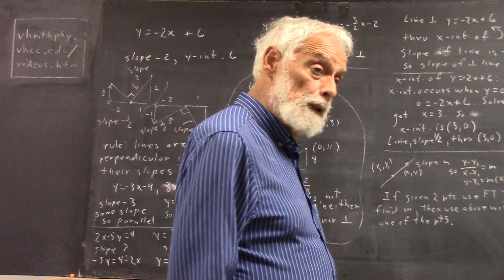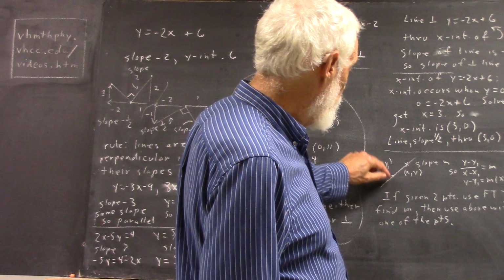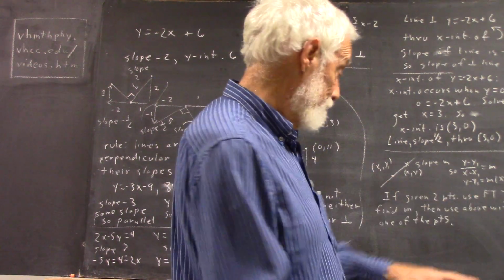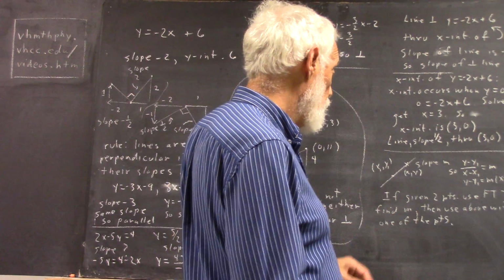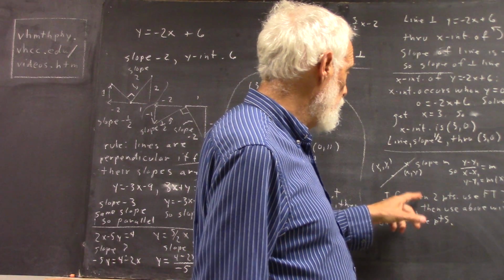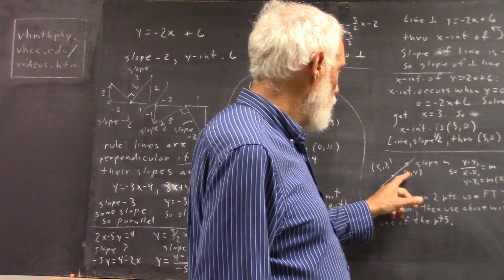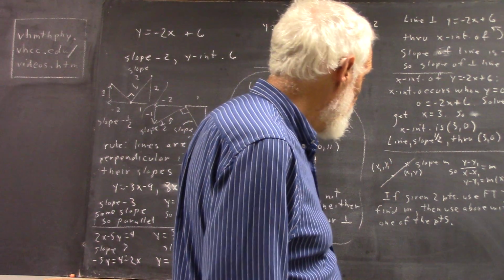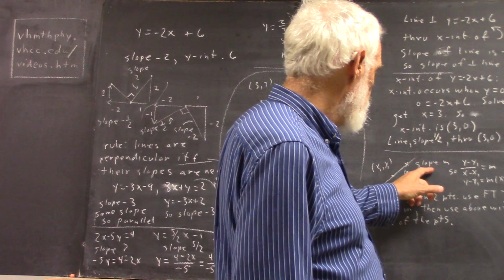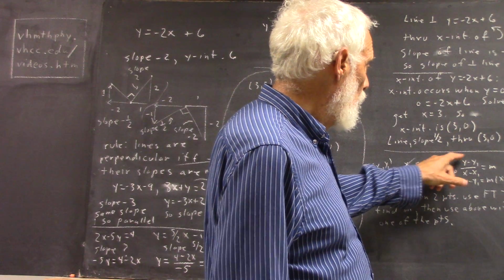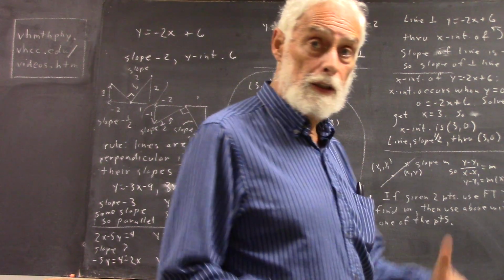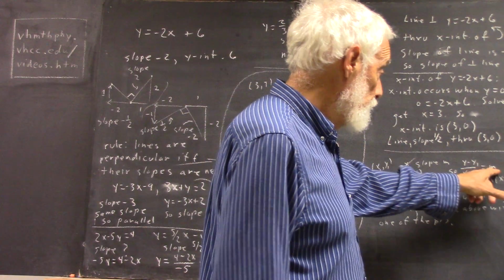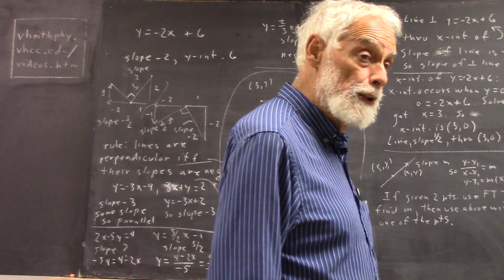Well, you do the fundamental triangle, and you see that the slope of the fundamental triangle for these 2 points, and that's something that should be automatic, is y minus y1 divided by x minus x1. Draw the triangle, think about why it is. If the slope is m, then y minus y1 over x minus x1 is one expression for the slope between these points, and the other is just m, so this has to equal this.